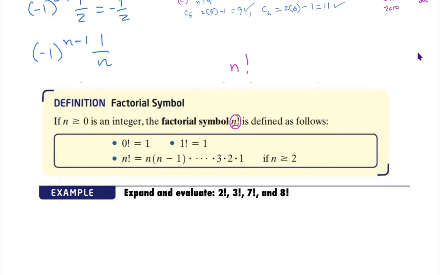In mathematics, it's read n factorial, or factorial of n. It is defined as follows.